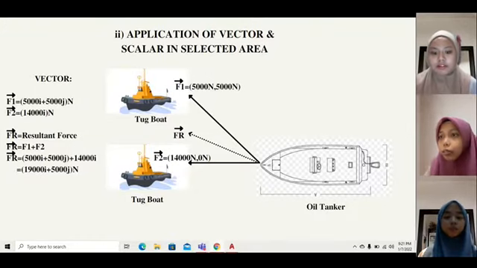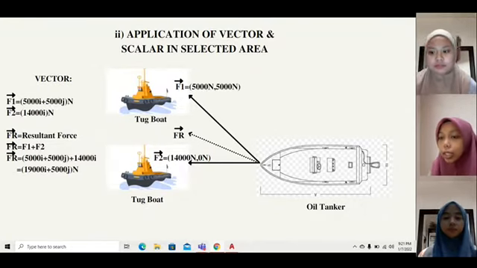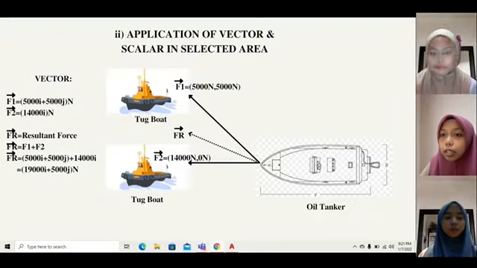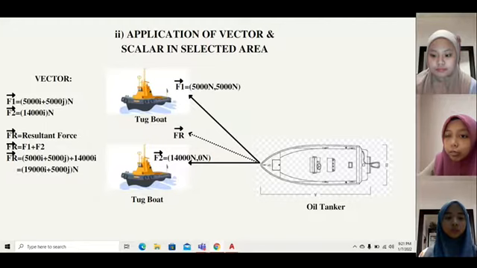Okay, thank you, Aisyah. So the next is the application of vector and scalar in a selected area. We have an oil tanker and tugboat as an example for the vector and scalar topic. For the vectors, F1 is equal to 5000 i plus 5000 j Newton, and vector F2 is equal to 14 i Newton.